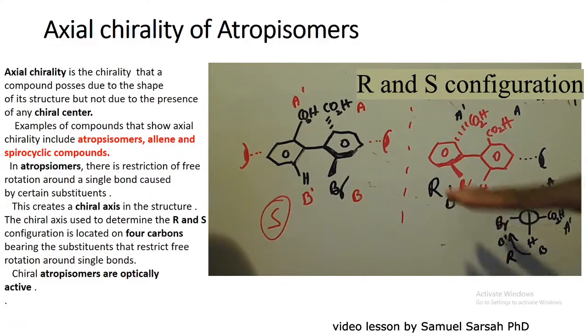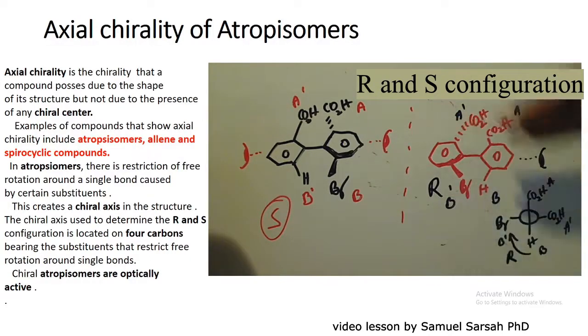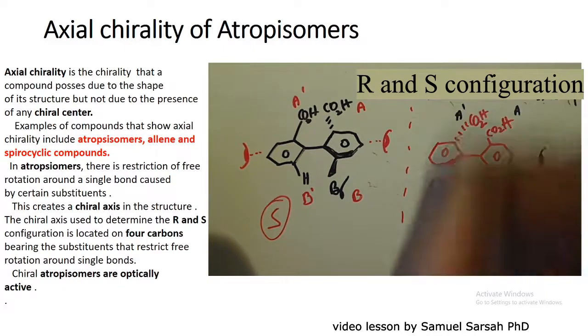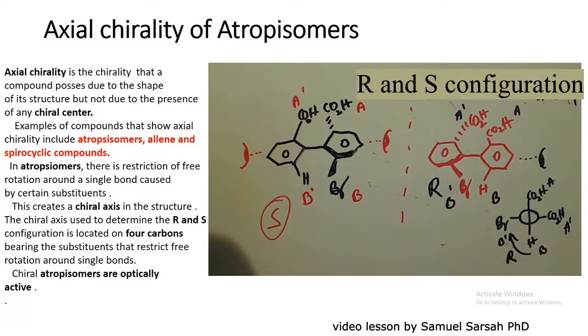And then of the horizontal, which is behind, the bromine is the highest priority of the two groups, so I have to move towards the bromine. Okay, so that's how we assign R and S configuration for atropisomers. There are different structures, but still you have to use the same technique.